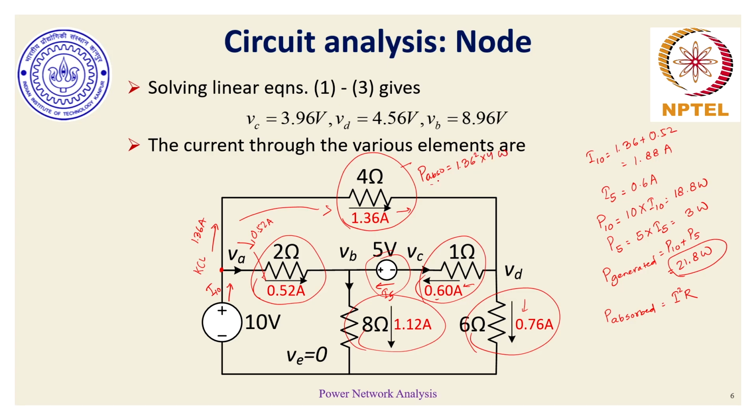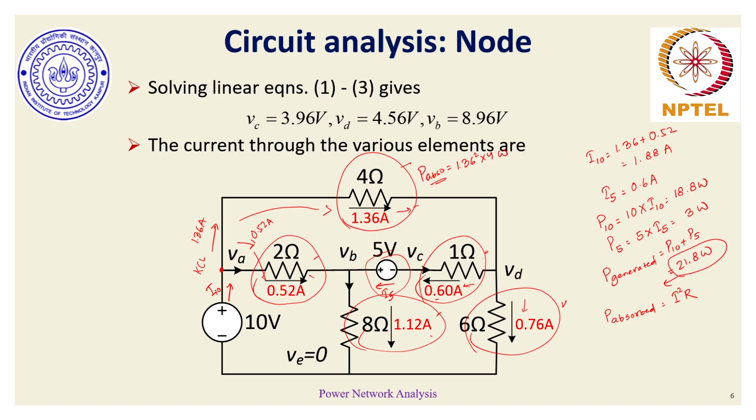Please evaluate this for all such resistors, the 5 remaining 4 ohm resistors, add them up, and it should match with 21.8 watts, because again, by conservation of energy, power or energy cannot be generated or destroyed. Everything has to be properly accounted for. So whatever is being generated, the same quantum of power is also being absorbed by these particular elements. Please keep this idea in mind.